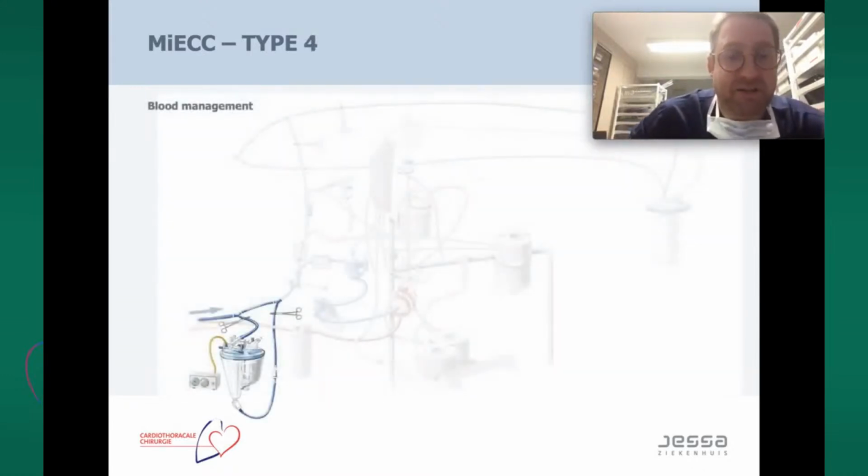Then, as I mentioned, we have also quick connectors, so we can put a hard shell reservoir in if we have major issues. And then we have also a vacuum source to drain the blood to the reservoir, and afterwards the revolution pump of the mini system ranges from the reservoir and goes to the patient. So this is the worst case scenario.